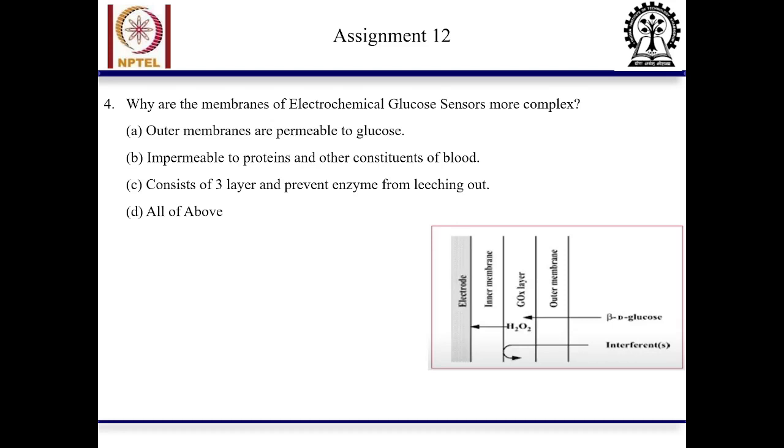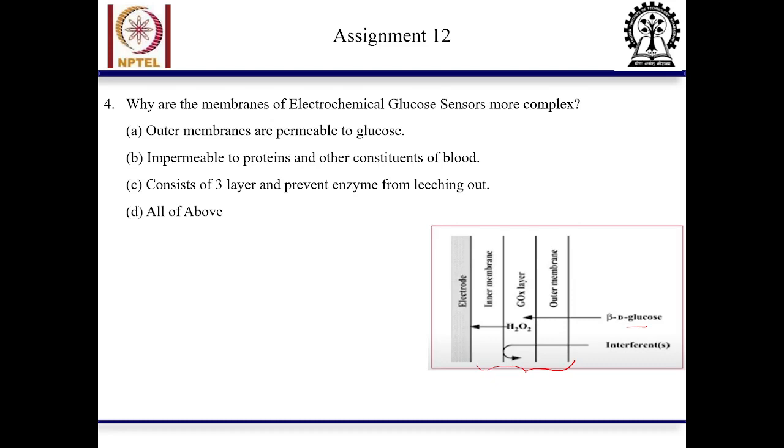Why is this complex? Because there are three layers: the outer layer, the inner layer, and the catalyst layer. So first, you have to make three layers. That is complex. And second, the membrane should be permeable to some compounds and impermeable to others.